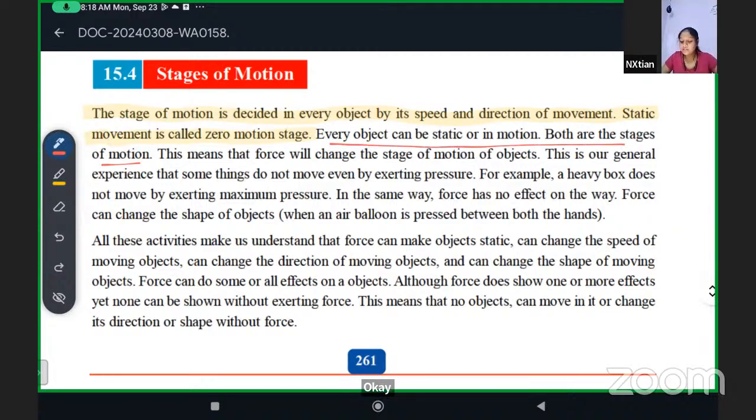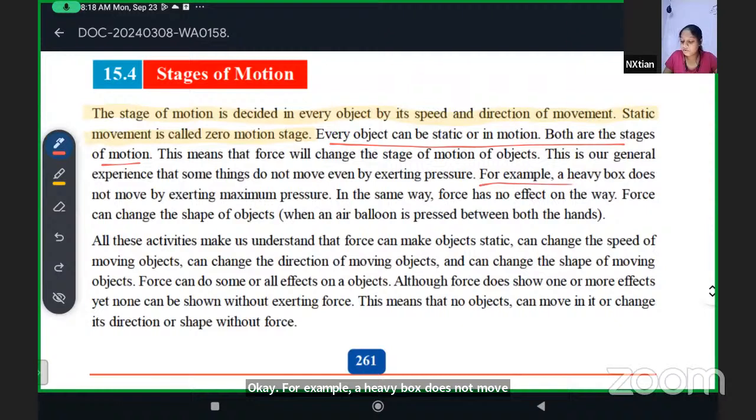This means that force will change the state of motion of objects. It is a general experience that some things do not move even by exerting pressure. For example, a heavy box does not move even by exerting maximum pressure.